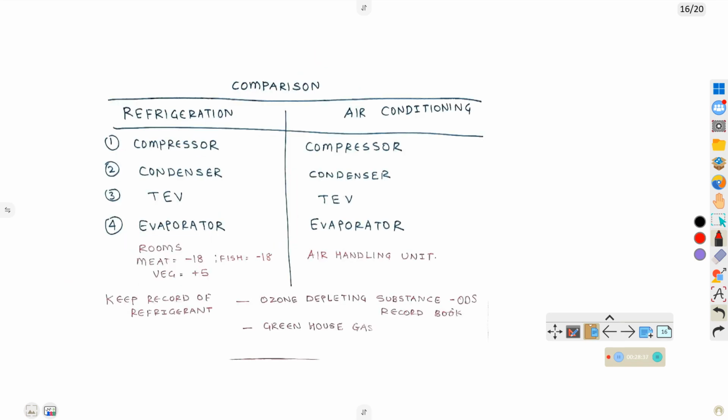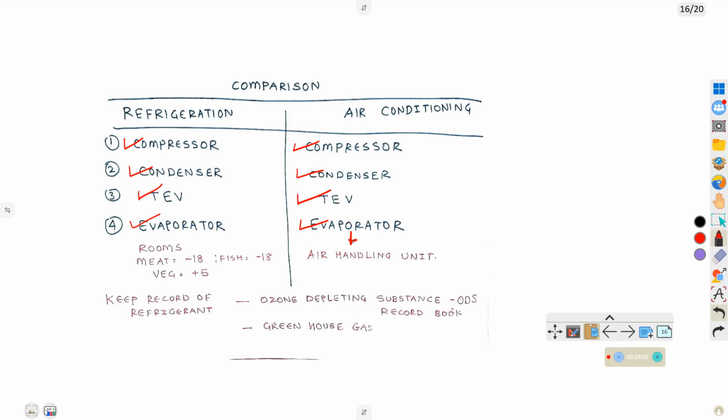So if we do the comparison: in refrigeration we have compressor, in air conditioning we have compressor; condenser in both; thermal expansion valve in both; and evaporator in both.